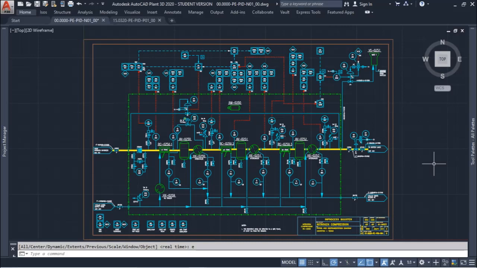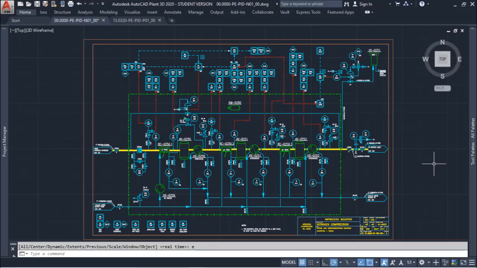Like many of you, I didn't learn how to read P&ID in the chemical engineering course. I did a bachelor's in industrial engineering with emphasis in chemical, but at that time I was not aware of how important the P&ID, or piping and instrumentation diagram, would be for working with plant design.